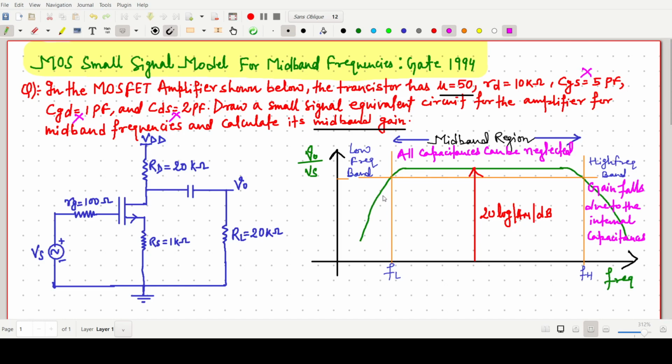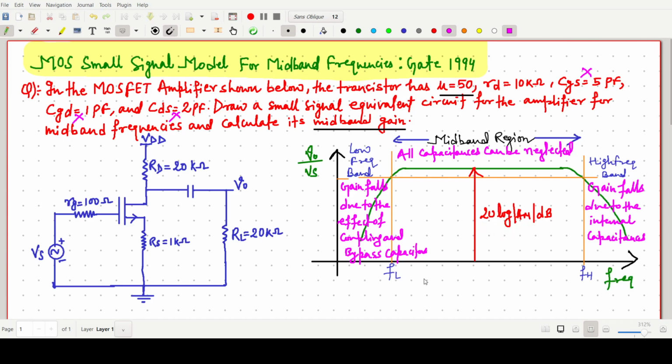Before FL, the gain also falls due to the effect of coupling and bypass capacitors. This is a very important concept.